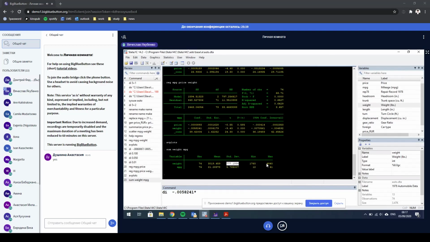For example, it doesn't make sense to say, all right, I want to buy a car which is 4,000 pounds lighter than something else. It's not a feasible number. You cannot take a car which is 4,000 pounds lighter because there is no such spread in the data. Cars cannot be that light.